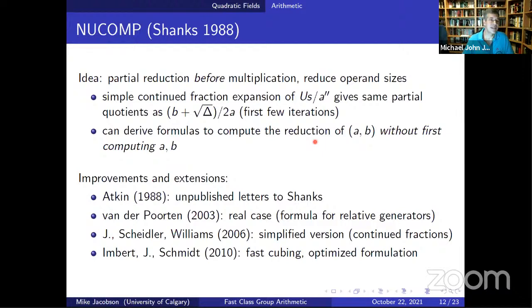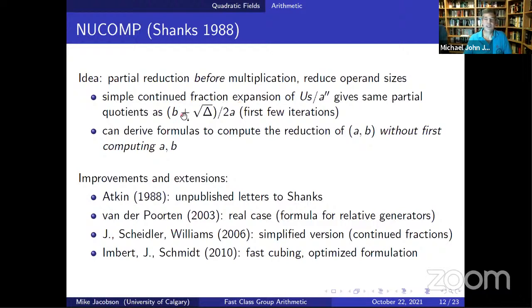But Renate and Hugh Williams and I looked at this again and figured out how to have maybe a simplified version of how this works involving continued fractions. And the main observation that describes how this works is that, again, reduction of ideals, the traditional way, you compute the product with coefficients a and b, and you have to reduce this quadratic irrationality (b plus root delta) over 2a.